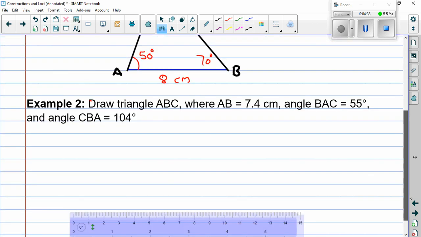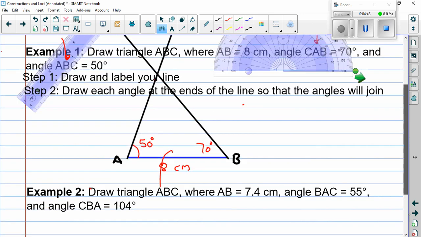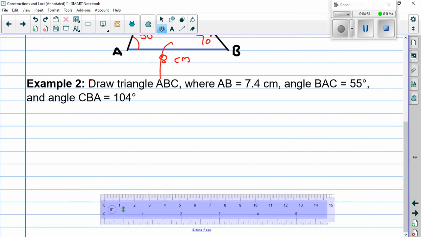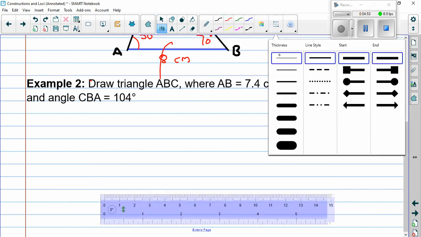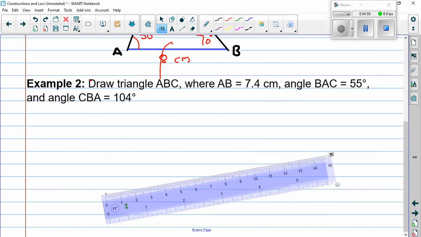But example 2, we want to draw a triangle ABC where AB is 7.4. So, sorry, first thing we're going to do, draw our line. Let's do this one in purple this time. So starting at our 0 point and drawing up to 7.4.